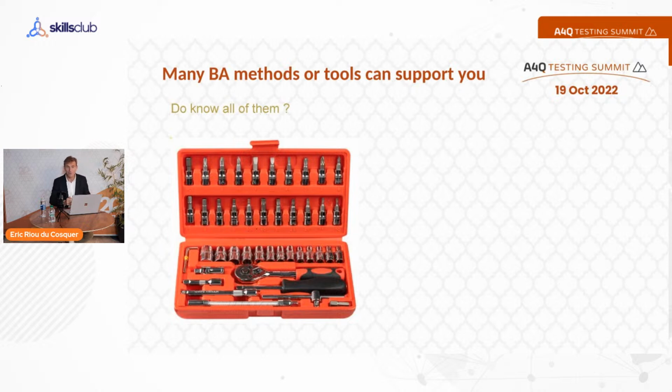So I'm going to start with a very famous one, which is part of most of the BA trainings, the personas. This method is very useful either to identify new requirements specific to particular users of the solution, or to challenge your requirements. If you already have your requirements, you can think about possible types of users that are a bit particular and that will need some specific requirements.